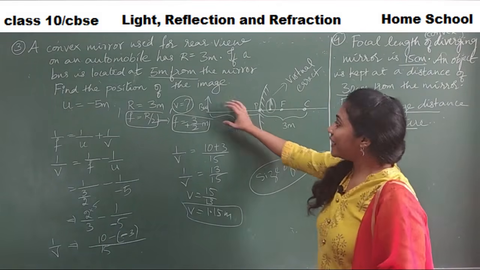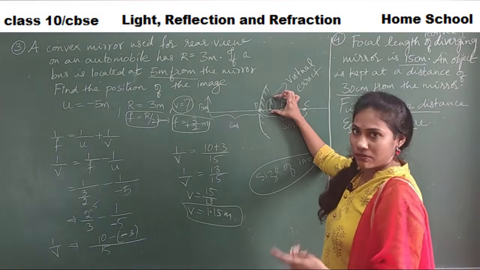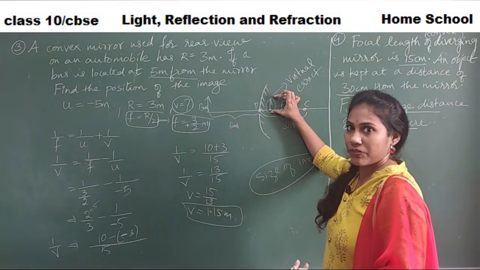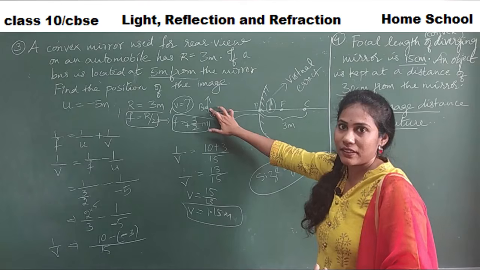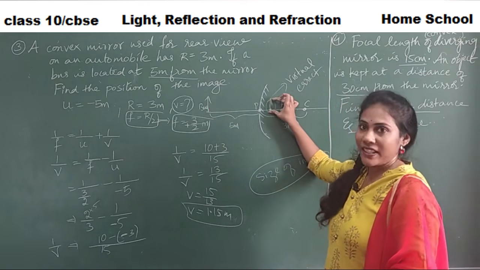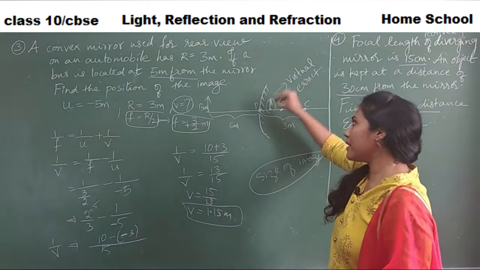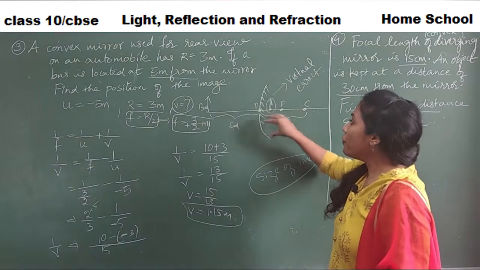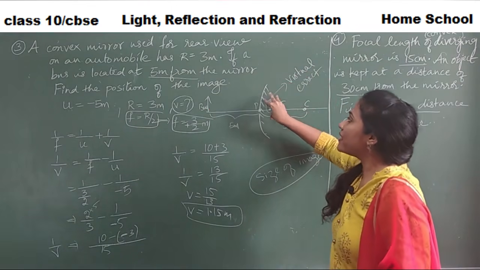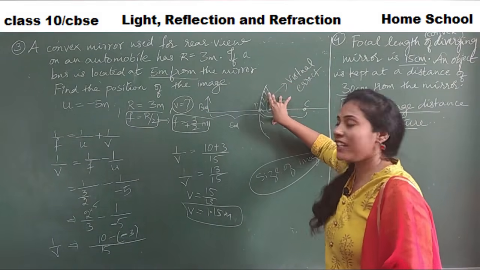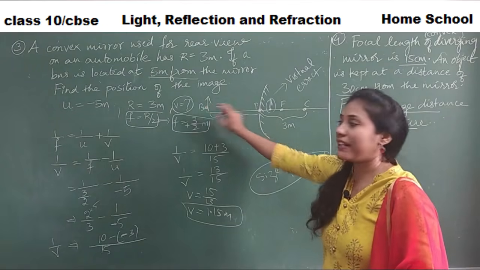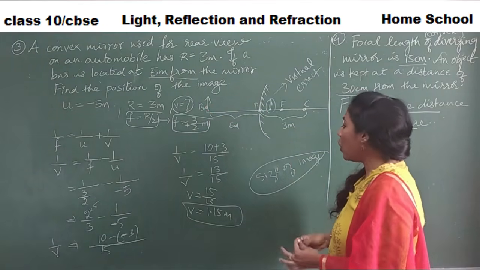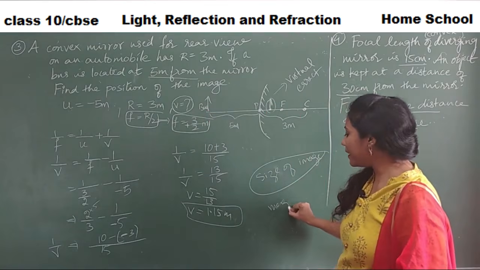You will not get exactly the same size of image as that of the object, right? The size definitely varies. Sometimes you get a bigger image, sometimes a smaller image. So if you want to talk about the size of the image compared with the object, then we need to know a concept called magnification.